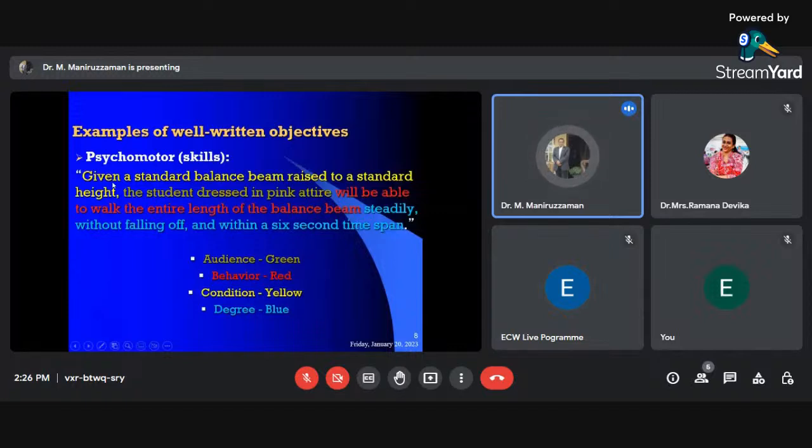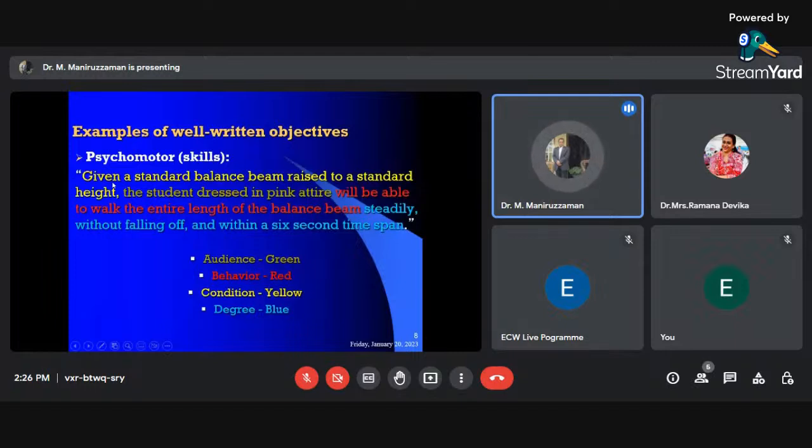The student dressed in pink attire, it's the audience, will be able to walk the entire length of the balance beam. It's the behavior. Now, degree: steadily, without falling off, and within a 6-second time span.